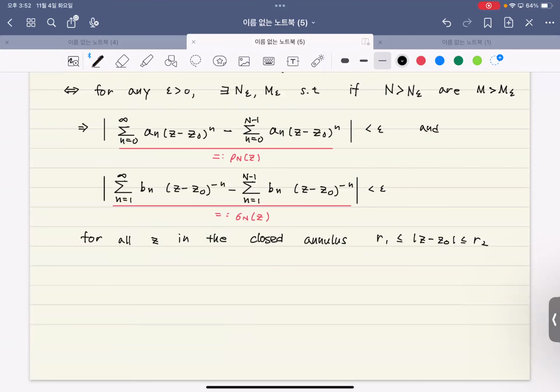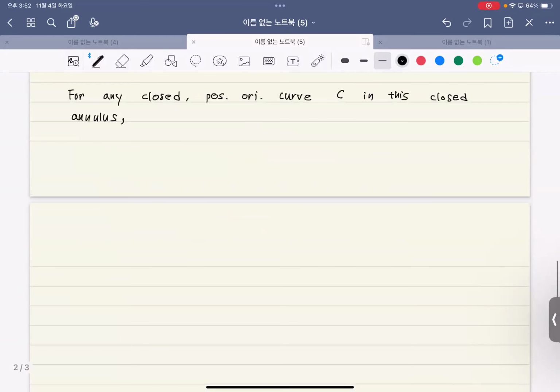Now, what I want to do is, for any closed and positively oriented curve C in this closed annulus, I can take advantage of this.